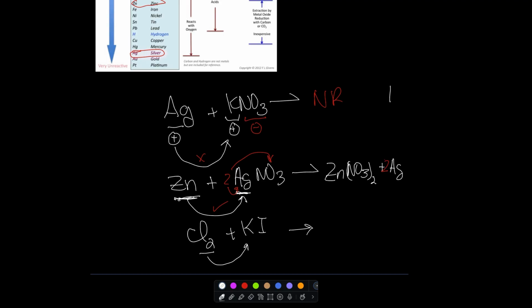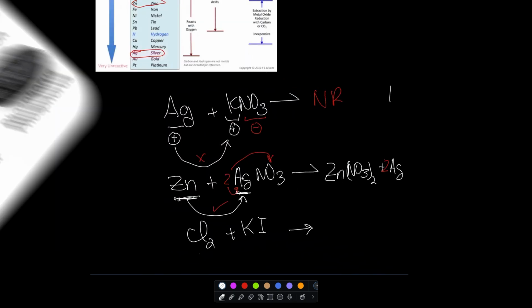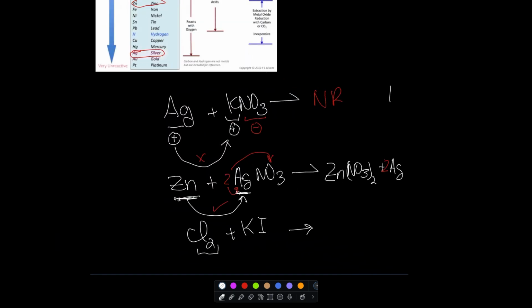What happens here is that you have to identify whether your elements are metals or non-metals, or cation or anion. As you can see right here, Cl is a non-metal, a negative anion.